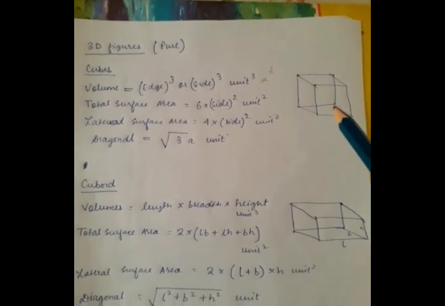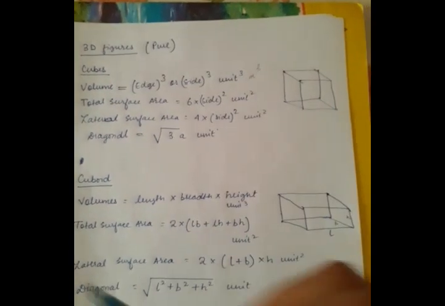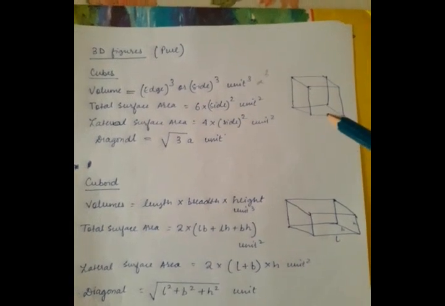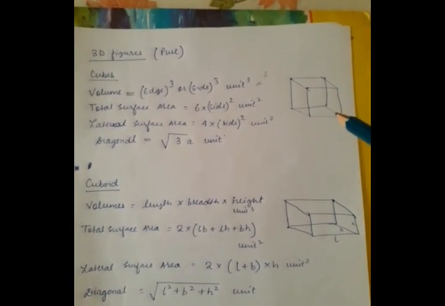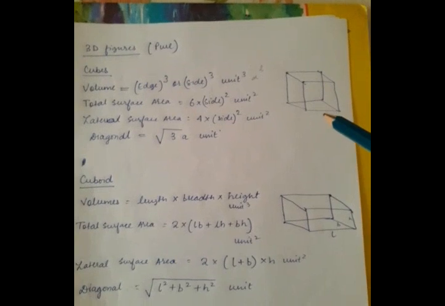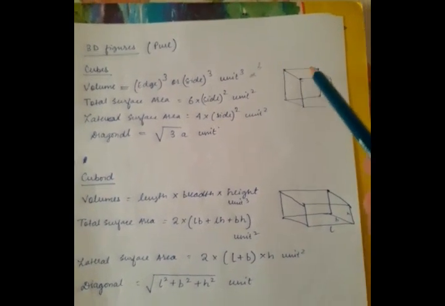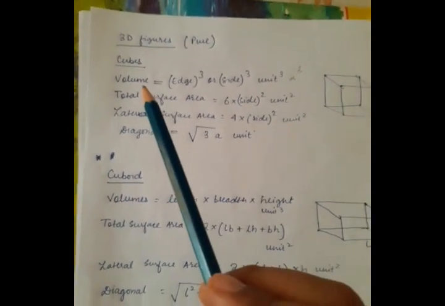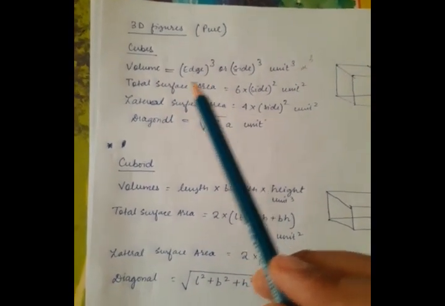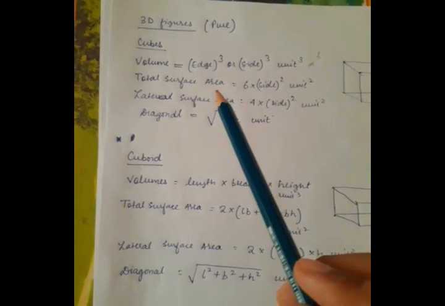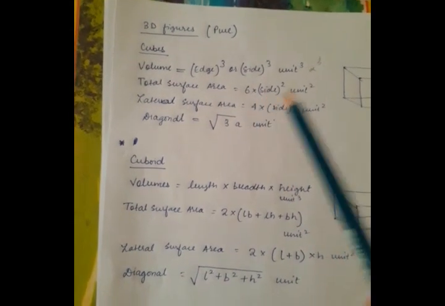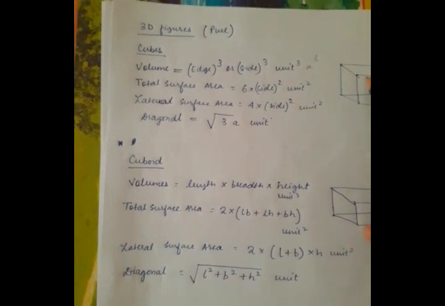And I have said to you earlier that this paper is 2D and it is quite difficult to draw a 3D figure in 2D. Okay, but I tried my best. That is a cube. The volume is edge cube and the total surface area, that is TSA, is 6 into side square, because a cube has 6 faces.